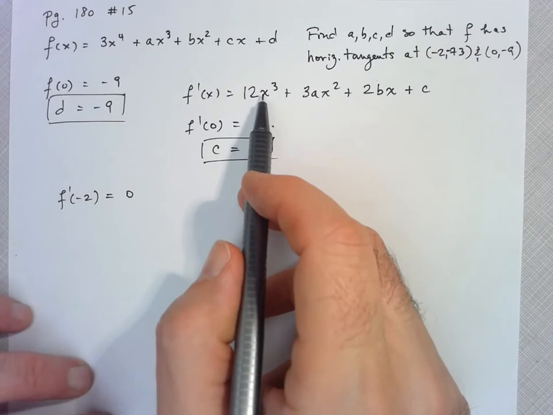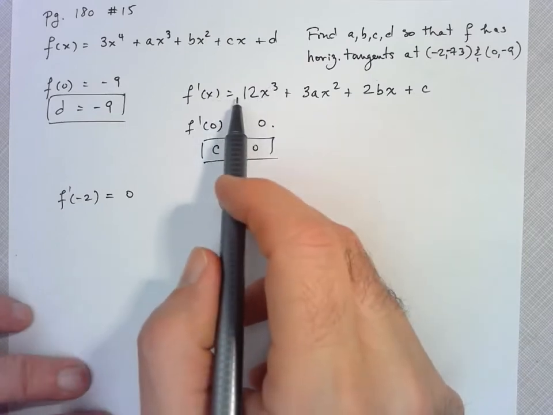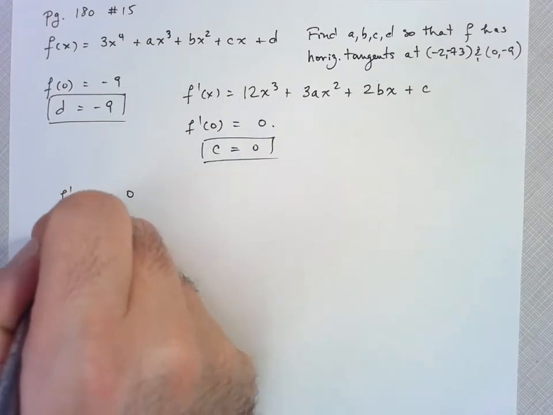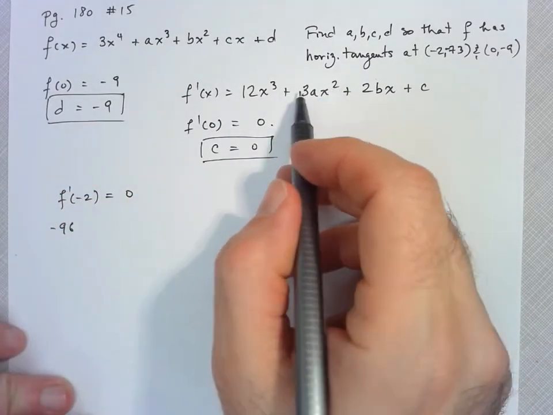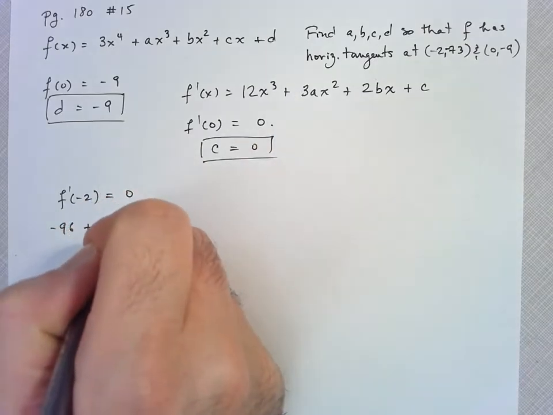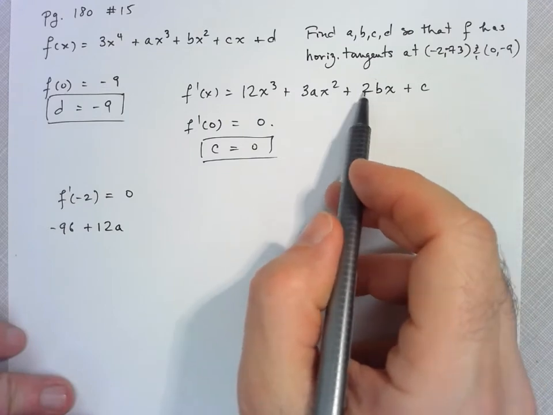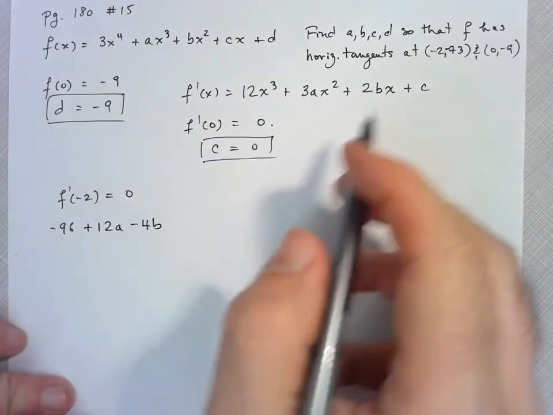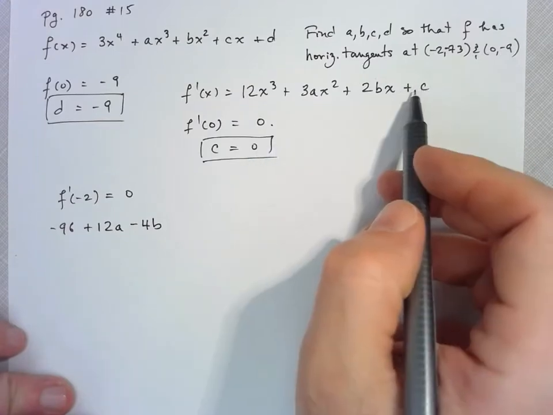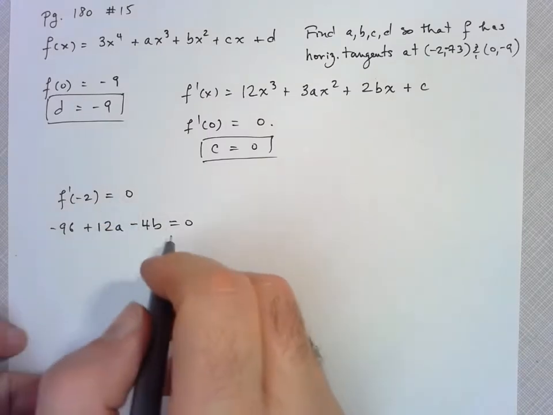So we have -2 cubed is -8 times 12, so that's -96. -2 squared is 4 times 3, so plus 12a. Here we've got -2 times 2 is 4, so minus 4b. Okay, and we don't need the c since we already determined that it's equal to 0, so that's equal to 0 here, since we have our horizontal tangent.